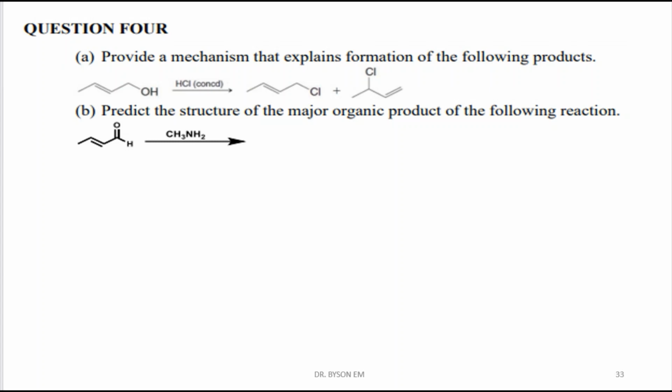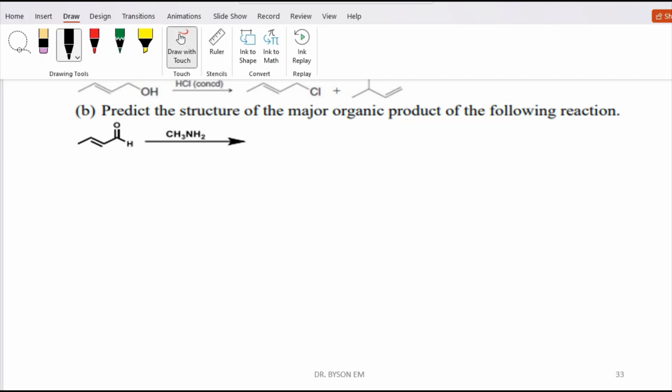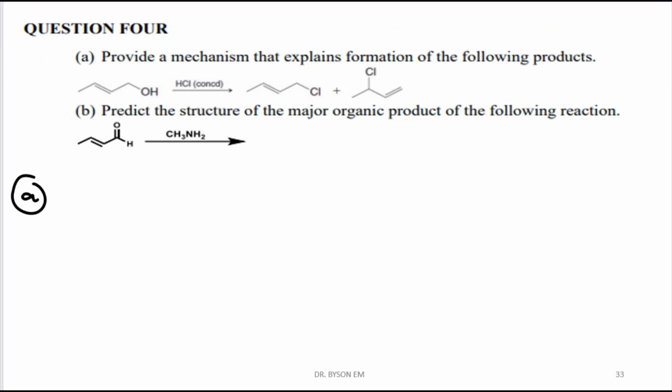Okay, question 4 says provide a mechanism that explains the formation of the following products. So let's start with question 4A. It has given us this compound in concentrated hydrochloric acid.